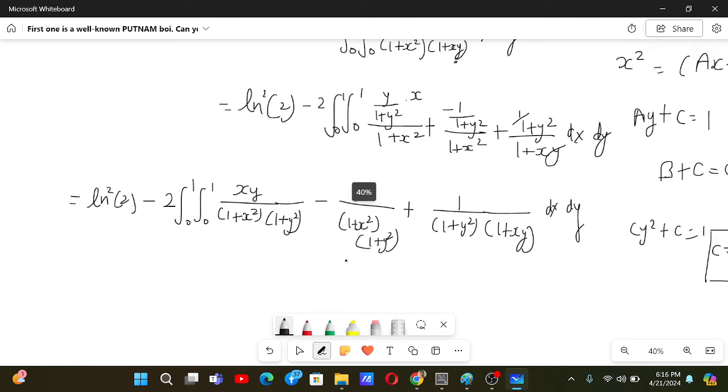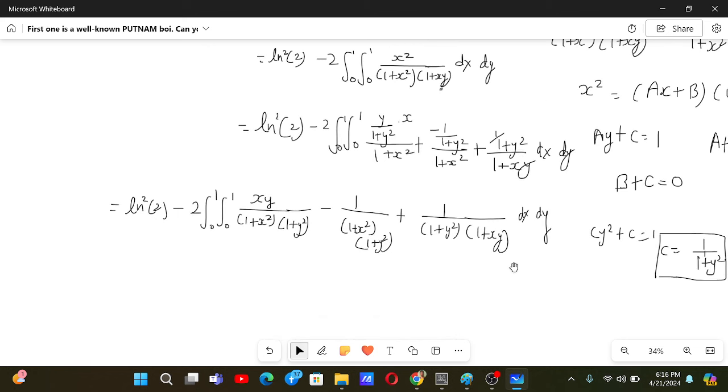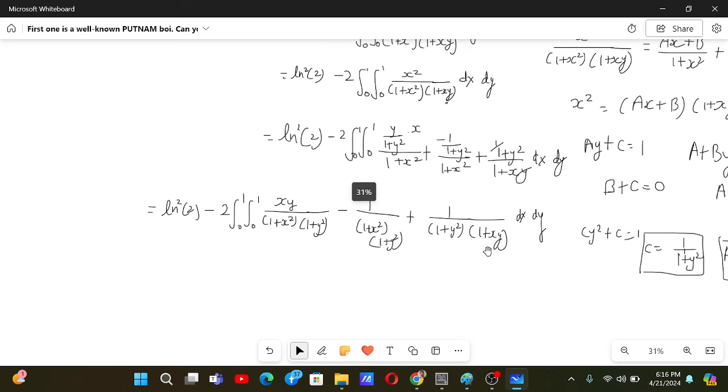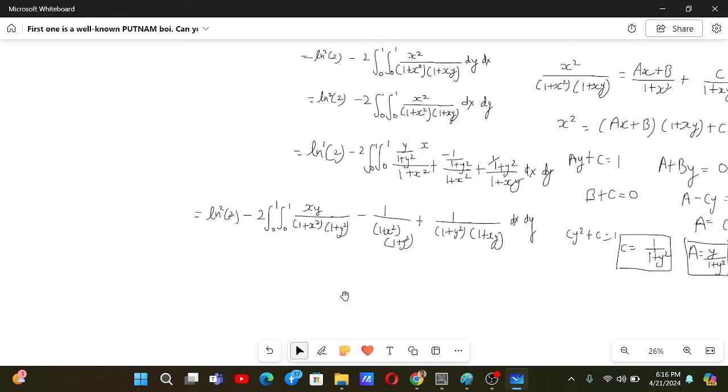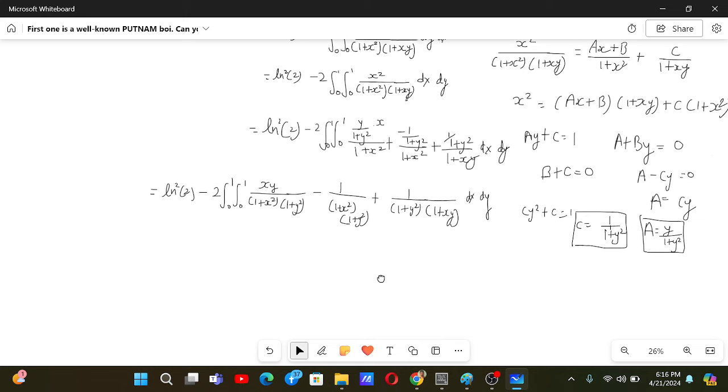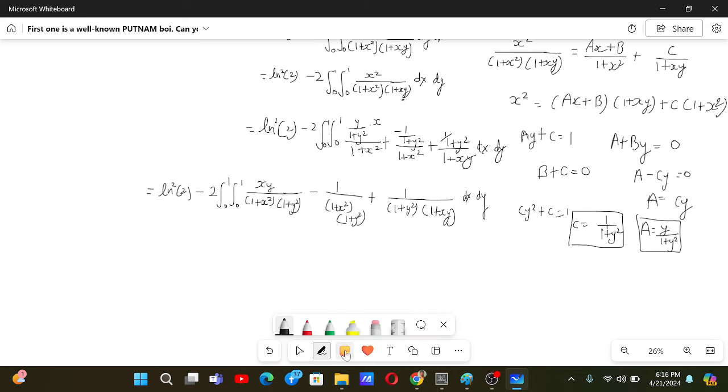Now there's a pretty good way to simplify this, but before moving ahead I would like to check my calculations till now. Okay, fine. Till now it's going good.